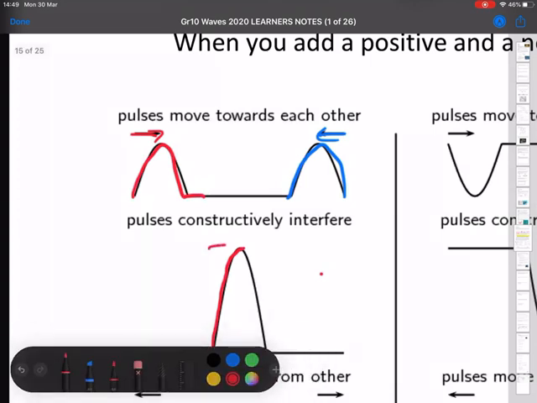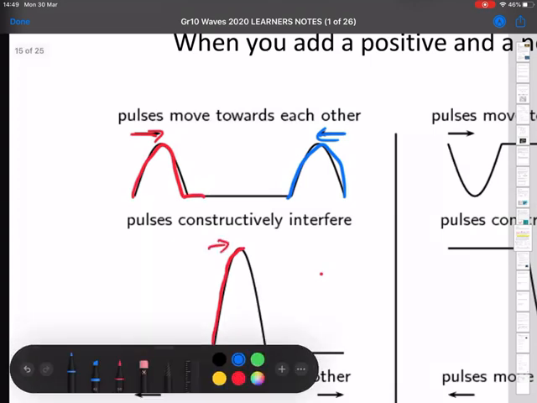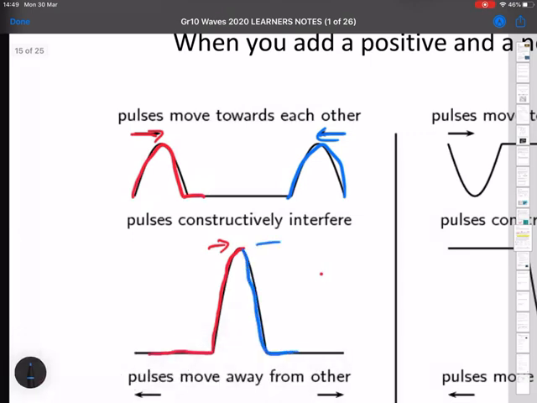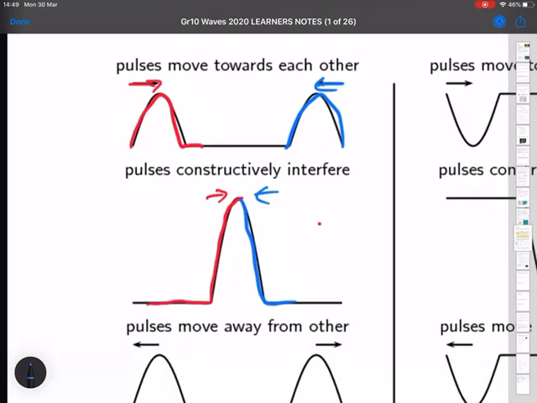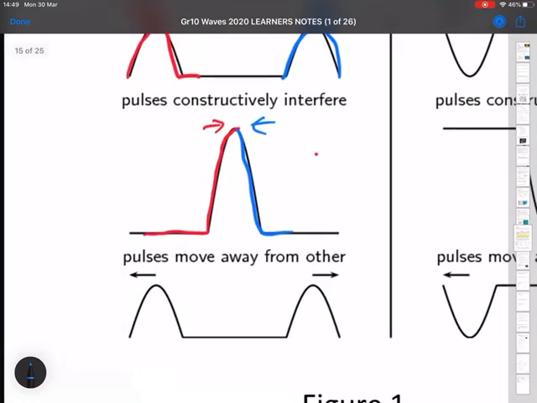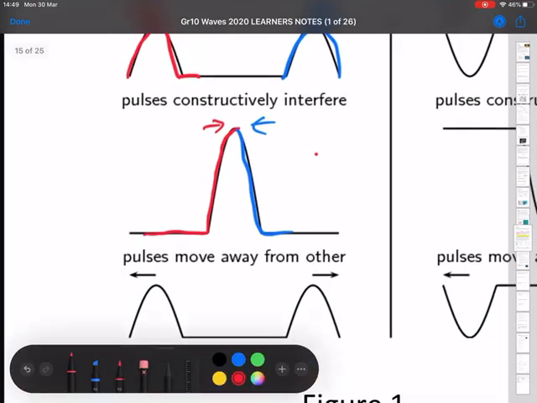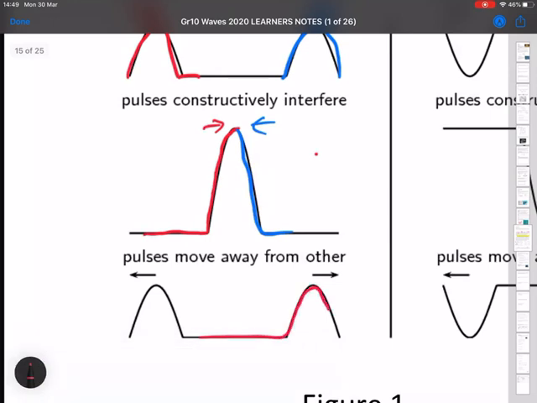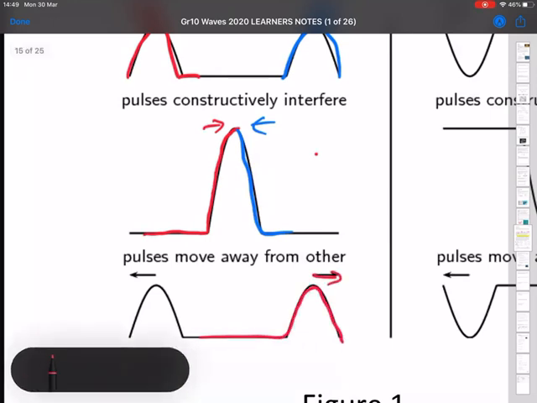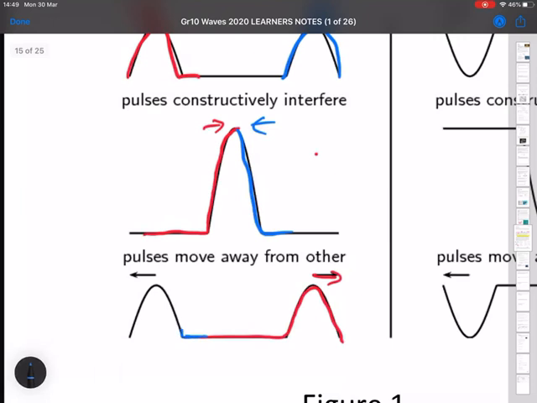So we've still got that red one moving to the right, and the blue one moving to the left. And as they pass each other, you form one wave that's a combination of the 2. And afterwards, you're still going to have the red one moving to the right, unchanged, and the blue one moving to the left, unchanged, and at their original amplitude.